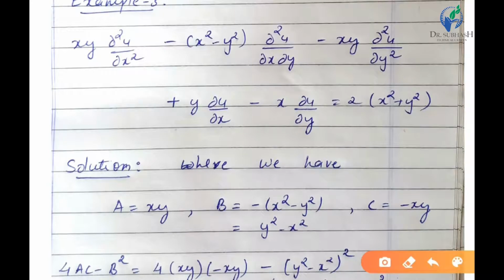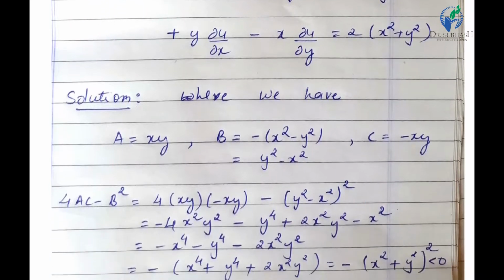The coefficient of uxx is xy, so a equals xy. The coefficient of uxy is minus x square minus y square, so b equals minus x square minus y square. Putting the negative sign inside, we get y square minus x square. Again, the coefficient of uyy is minus xy, so the value of c is minus xy.